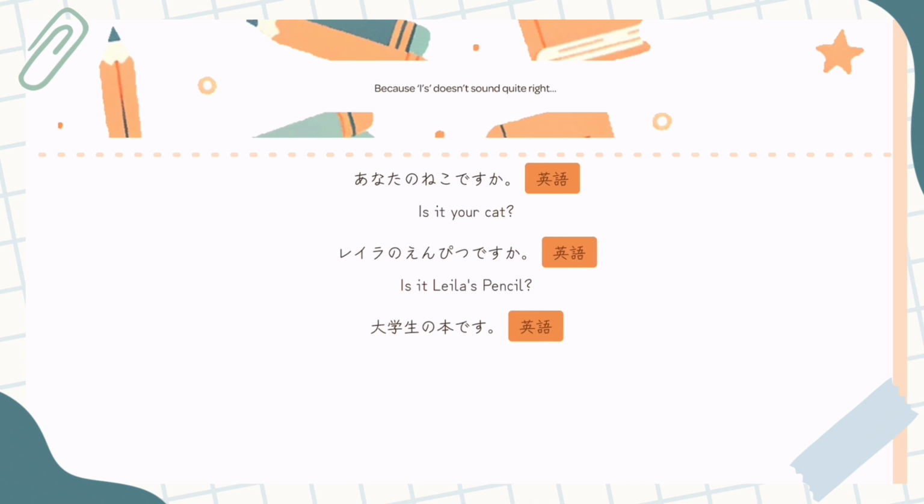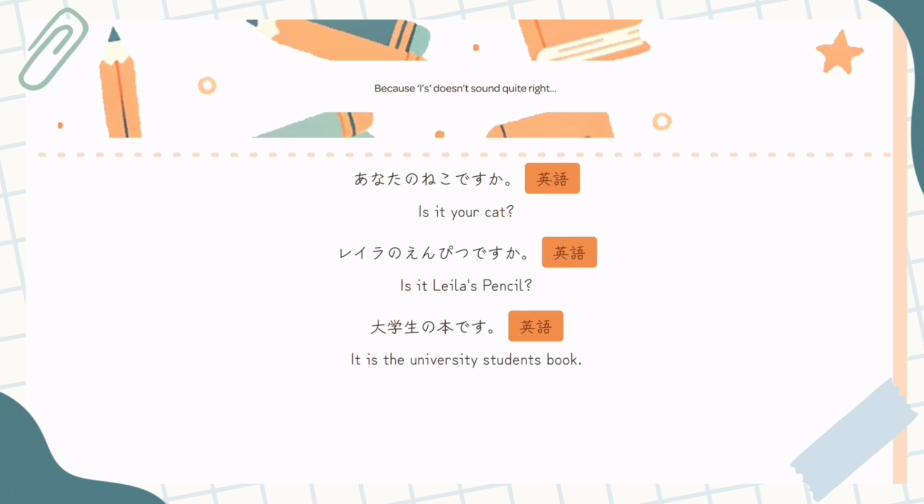And finally, I've got a few kanji on here. If you're on the website, you can click on the words and you can see it romanized. But these are just common kanji and I like to put them in quite early. Okay, daigakusei no hon desu. It is the university student's book.